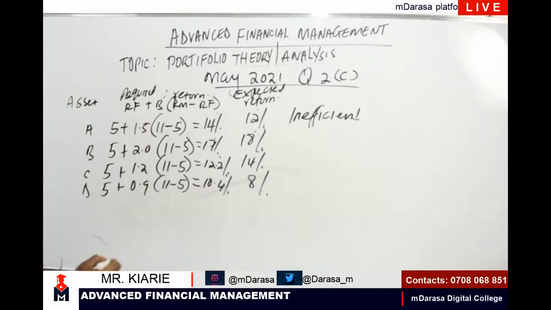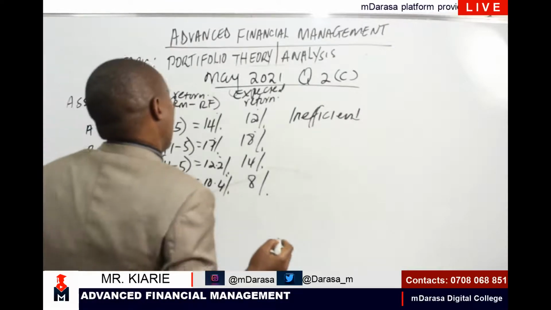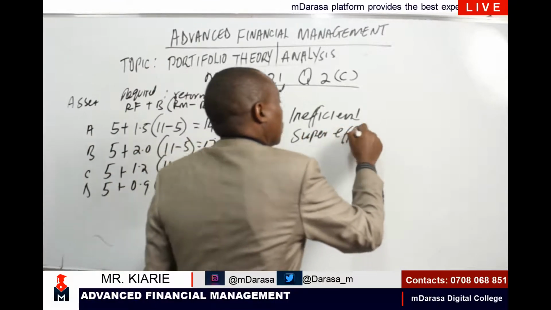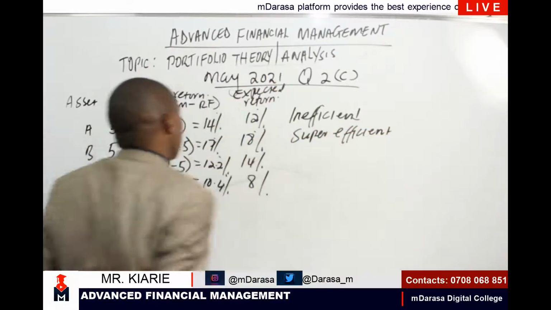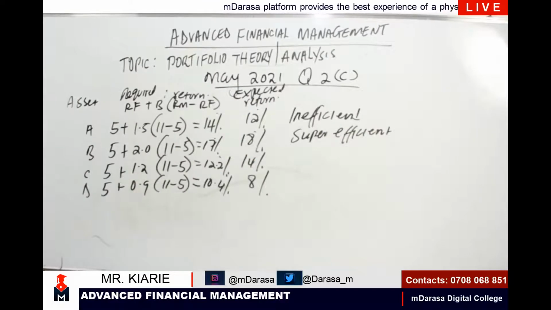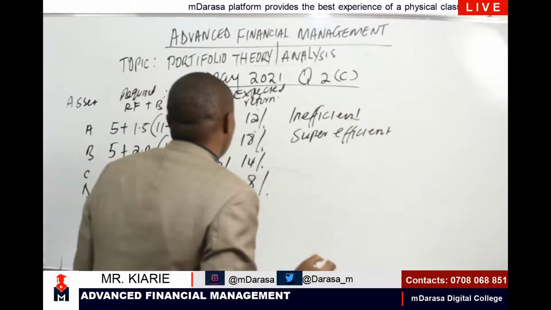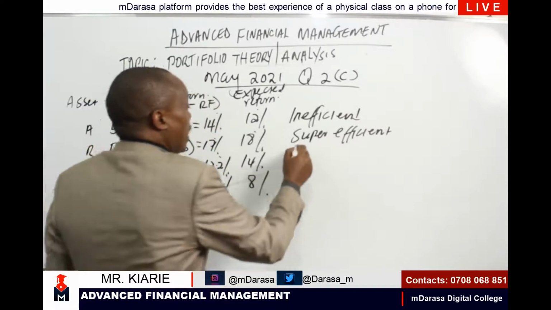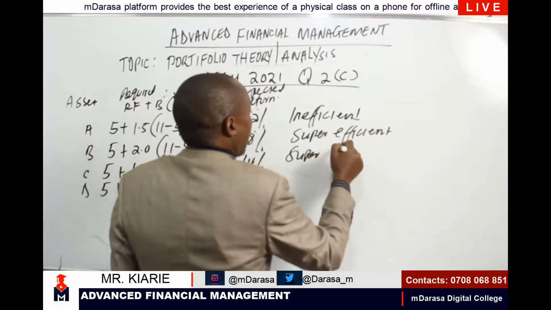For B, again, the expected is higher, so this is super efficient. For C, the expected is 14%, which is higher than 12.2, again super efficient.